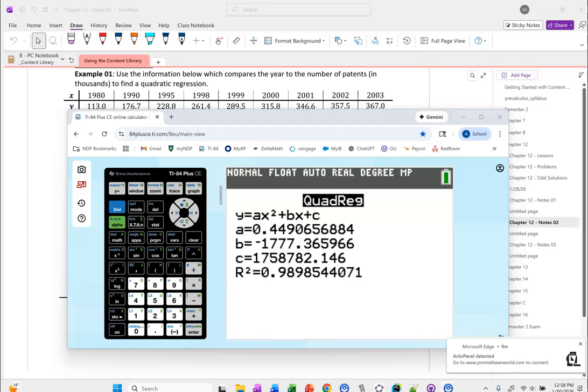If the directions don't tell you how to round, you should give the whole thing. If the directions tell you to round to a certain decimal place, round to that decimal place.